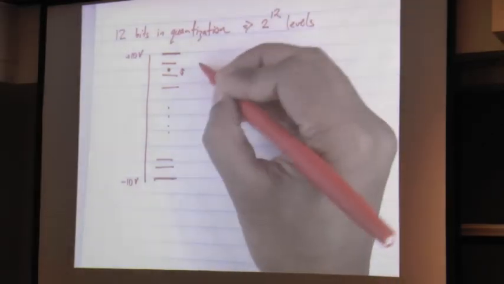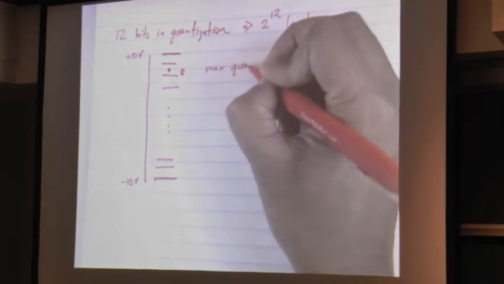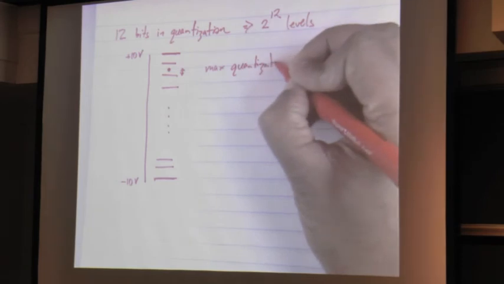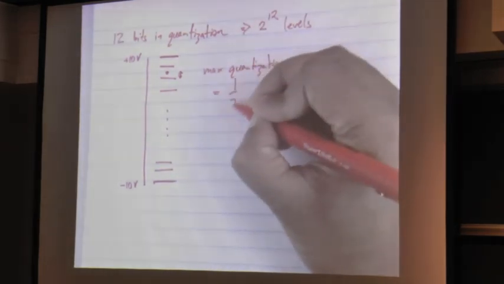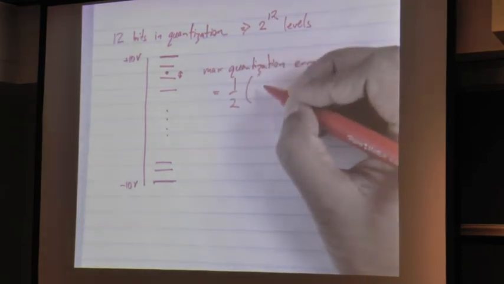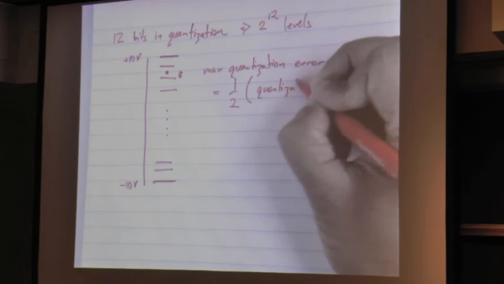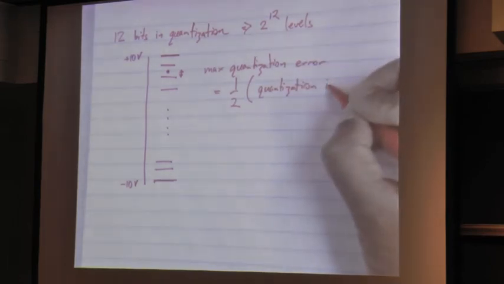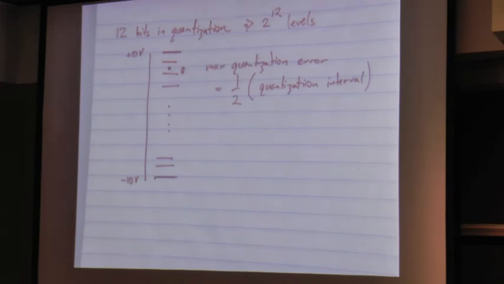It's half of the distance. So maximum quantization error is equal to 1/2 times the, let me call it the quantization interval. Right, the distance between quantization levels.